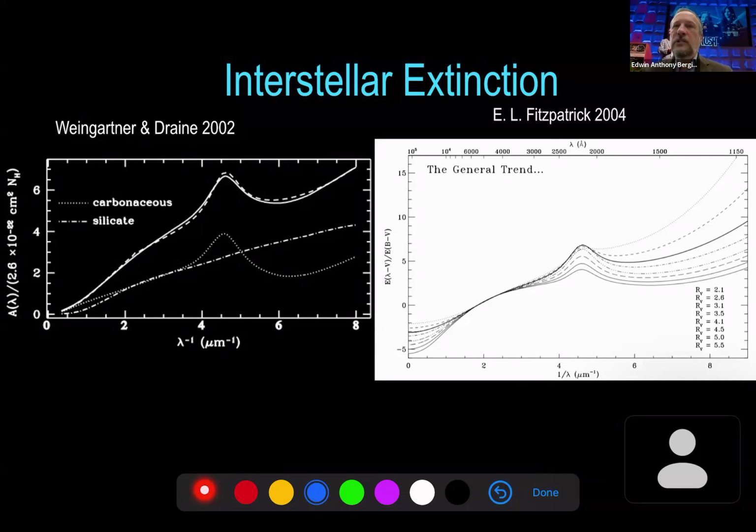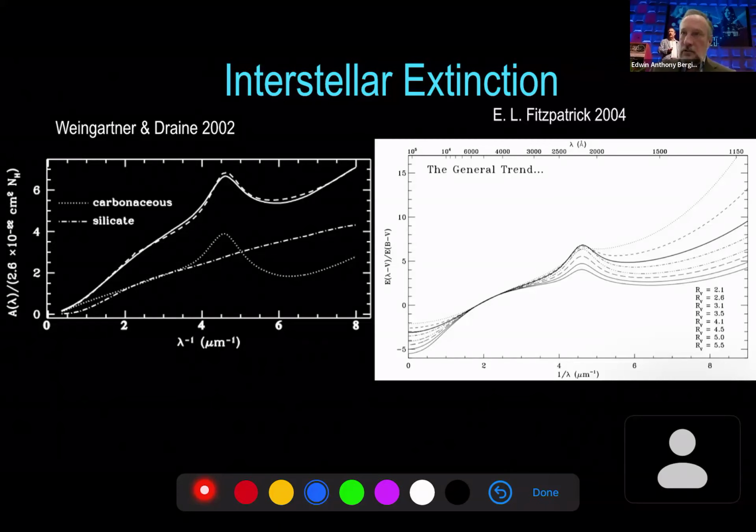Why? Because the typical size of a dust grain is about the same as the wavelength of an ultraviolet photon. And the physics of excitation is such that a particle will absorb most efficiently a photon that has a wavelength about the same size as that particle. So dust preferentially absorbs UV.